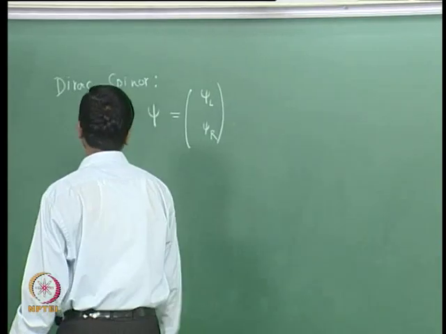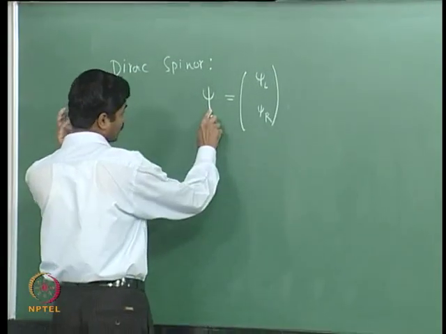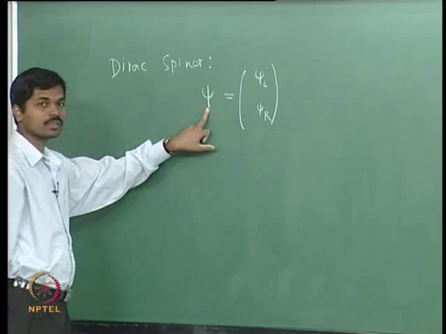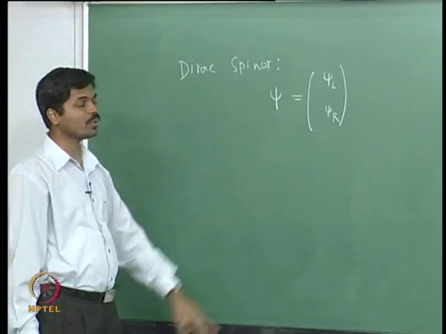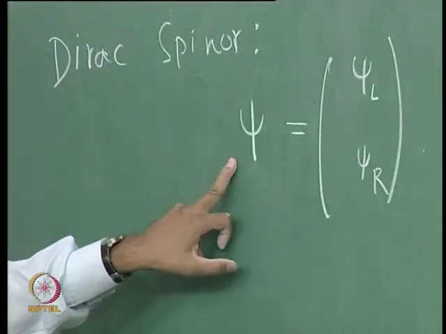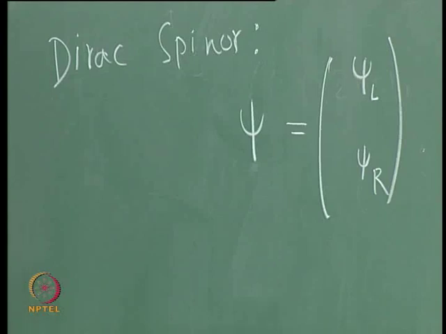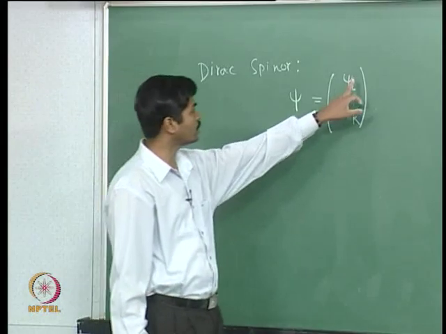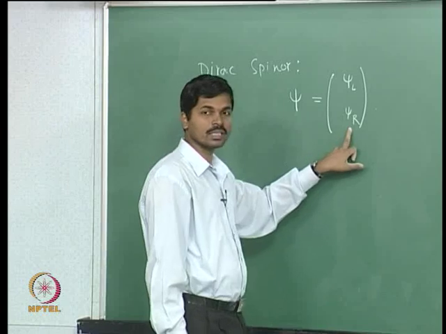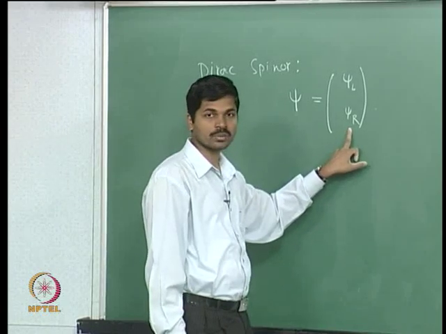So what we will do is consider the Dirac spinor, and then we will see how this Dirac spinor transforms under Lorentz transformation. You already know how psi_L and psi_R transform under Lorentz transformation.